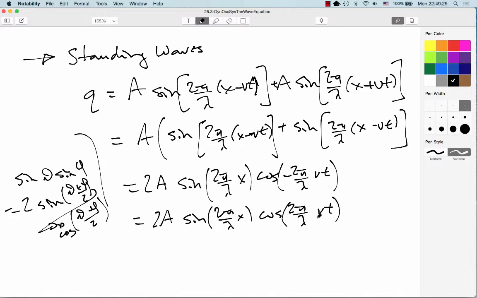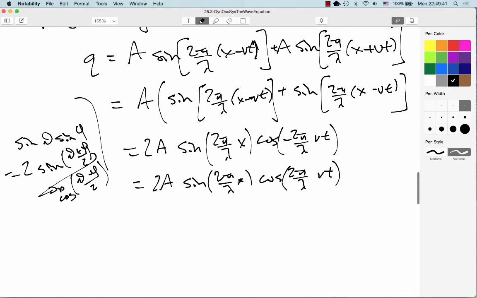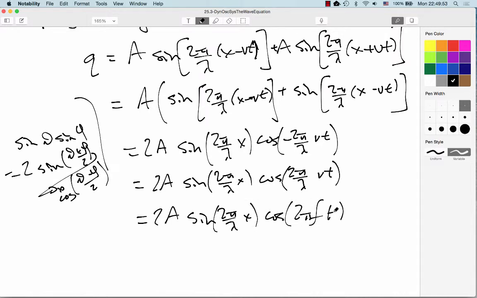Remembering what we just came up with before, that 2 pi over lambda v has to equal 2 pi f, we can go ahead and substitute away. So then this becomes 2A times sine of 2 pi over lambda x cosine of 2 pi f t.